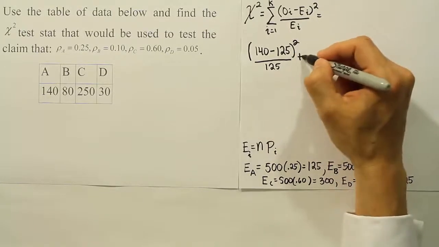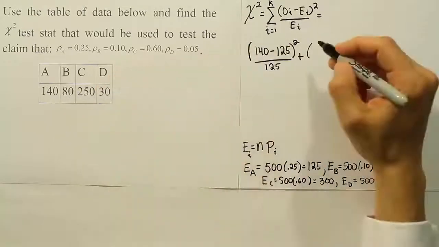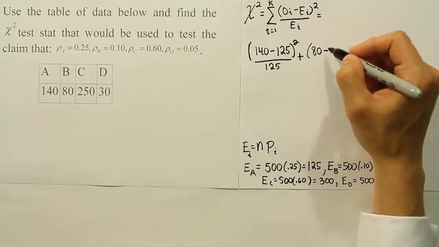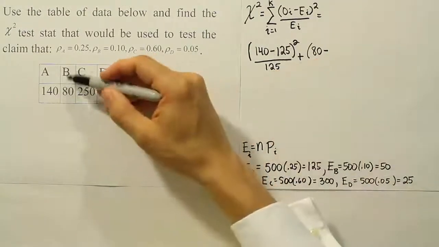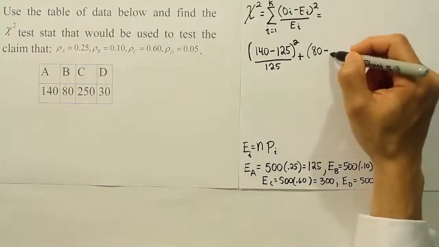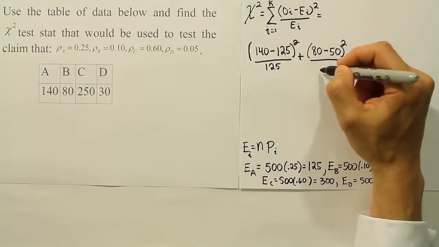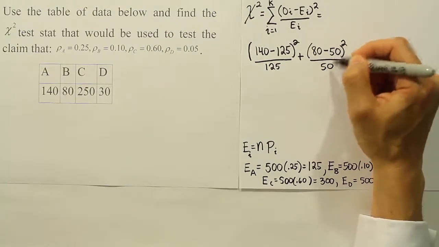Plus, then we'll have another fraction: 80 minus the expected value for B. B's observed value is 80, its expected value is 50, so we put in 50, close it up, square it, and divide by 50, the expected value.